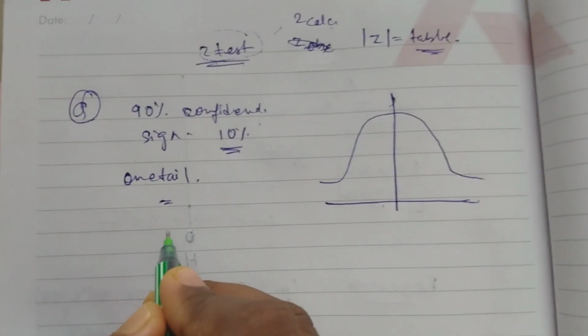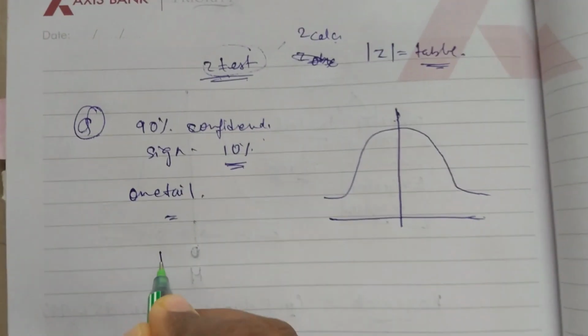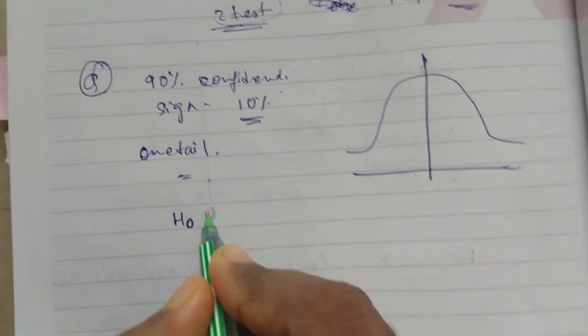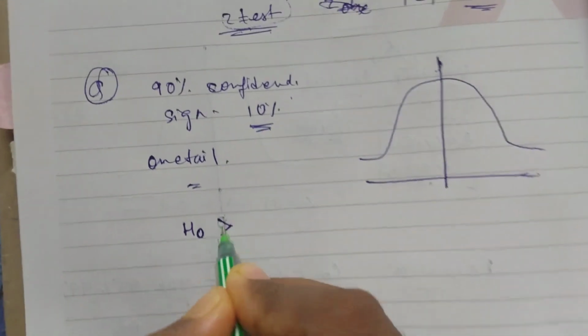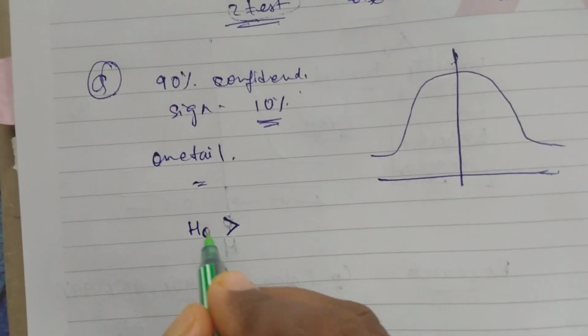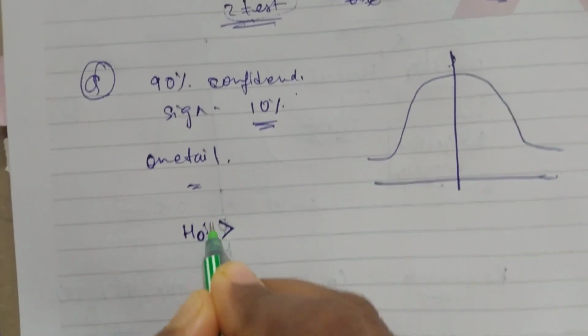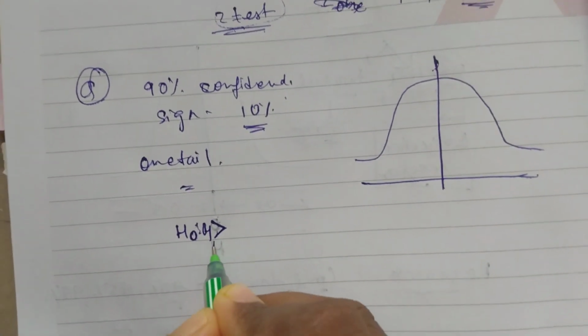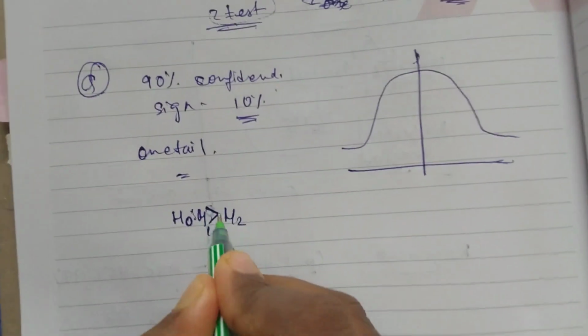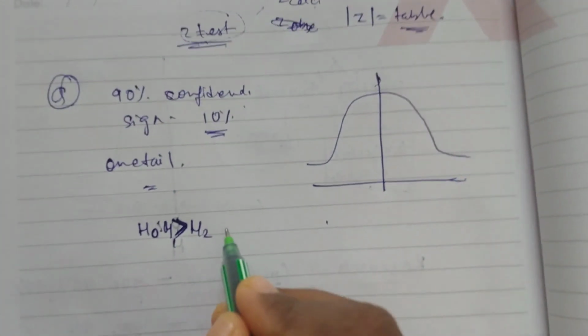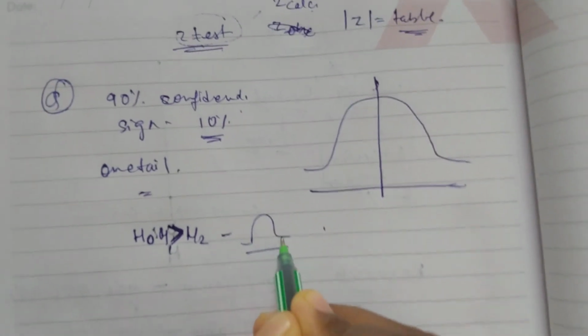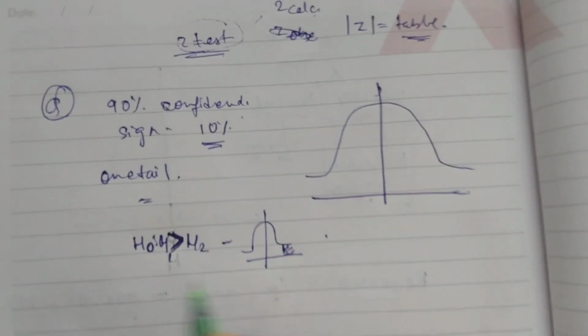Now whenever we are considering that in the hypothesis mu1 is greater than mu2, this arrow mark is pointing towards the right. So our one tail will be on the right side.